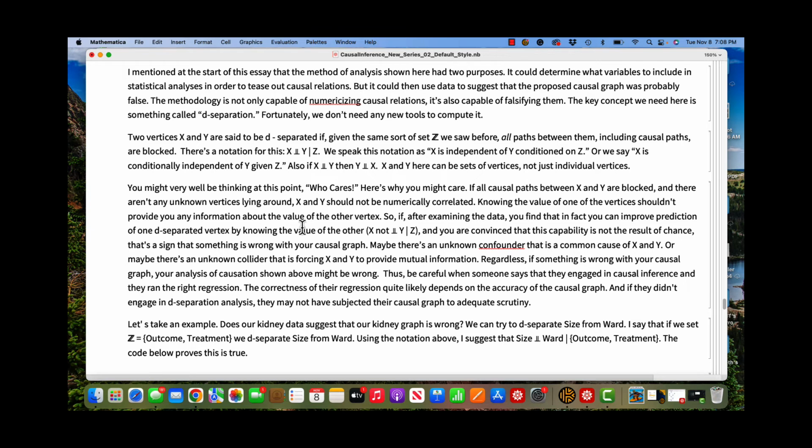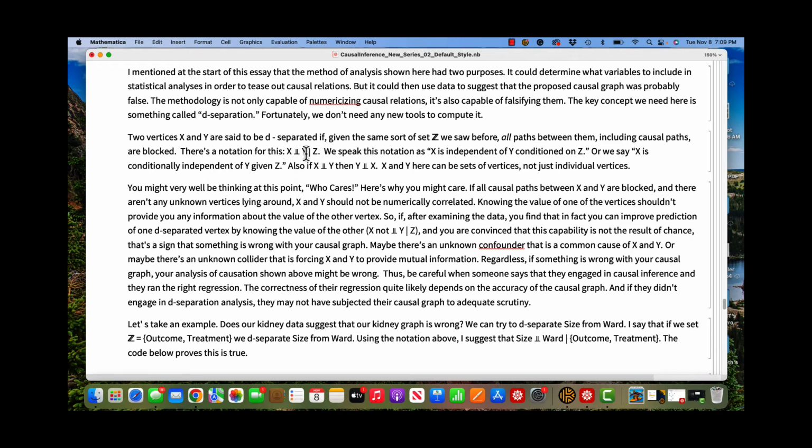And here's the thought. Instead of blocking all non-causal paths, block all the paths between x and y. If after doing that, you regress y on x, or you do some sort of machine learning where you try to figure out what y is based on x, you should not be able to make any progress because you've broken every possible link between x and y.